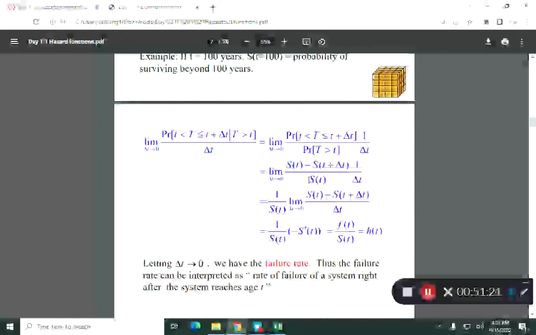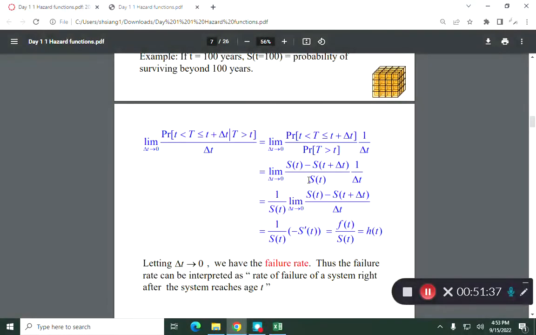Which one should be higher? 31, because remember, if it's S(0) at the time beginning, what is the survivability? 1, right? And then this S(t) is a monotonic decreasing function if F(t) is a monotonic increasing function. Everybody agree with me? So your previous exercise should register.